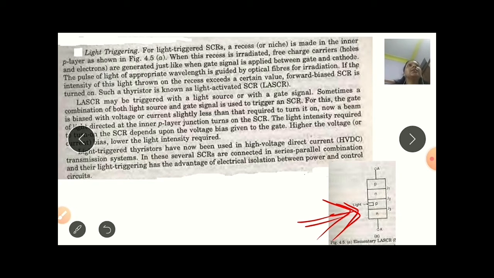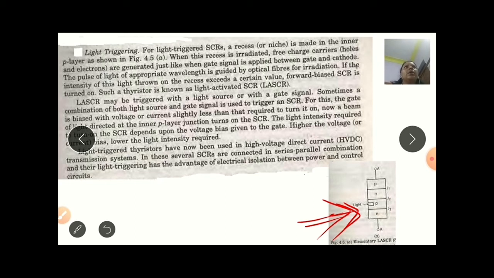If the light intensity is higher, the magnitude of the required gate signal is minimum. If the intensity of light is minimum, then the requirement of gate signal is greater. It totally depends, and if we use this triggering method, the thyristor can turn on at a very small gate signal.